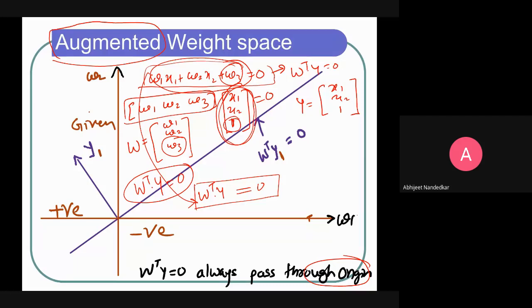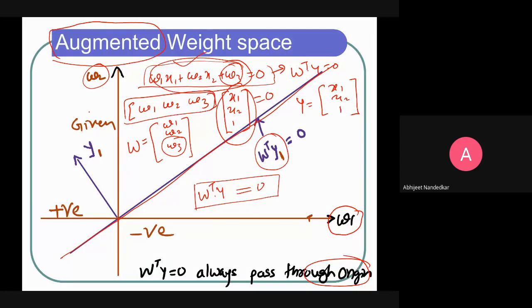Now you see that instead of x1, x2, my axes are now w1, w2. In this case, I should have a third axis w3 coming out of this board. So that will be a 3D case. Now if I take, for simplicity, a 2D case, then this will be a weight space of 2 dimensions, and if I draw a line here, then it is W transpose y equal to 0.